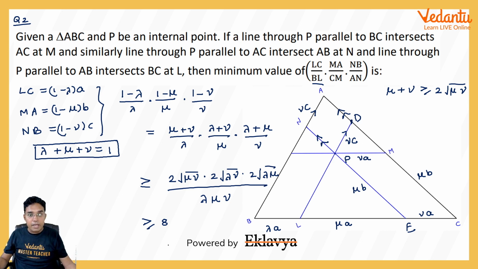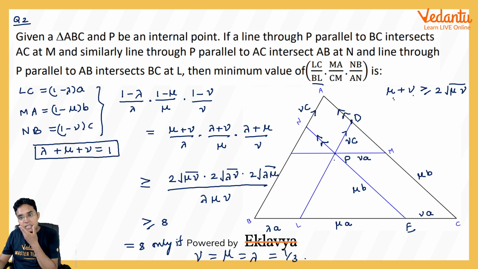And this equality will happen, that means this minimum value will be equal to 8, only if lambda is equal to mu is equal to nu. That means they all will be 1 by 3, 1 by 3, 1 by 3.